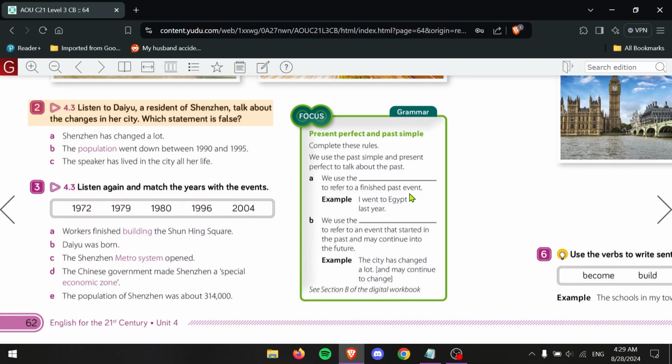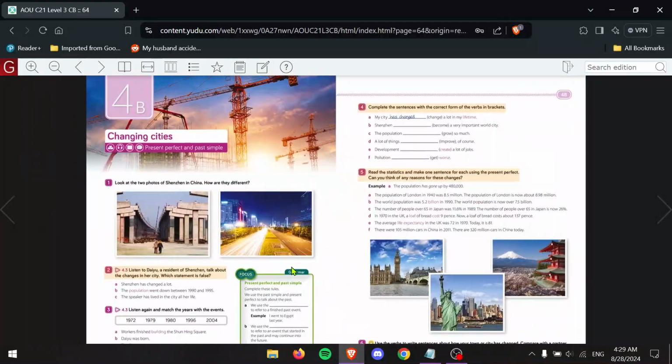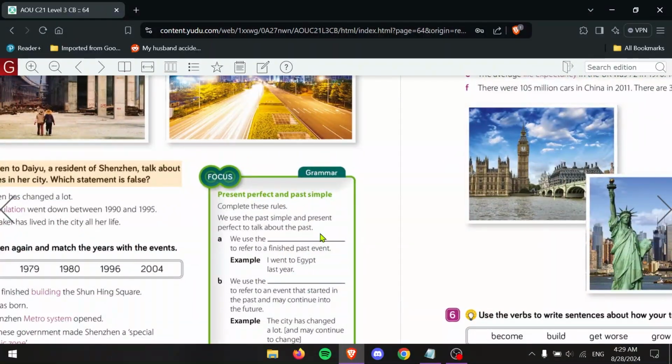Now let's talk a little bit about the present perfect and past simple. I'm going to start with the past simple to give you a general idea of what it is. The past simple is typically used to describe actions or events that have happened at a specific time in the past.